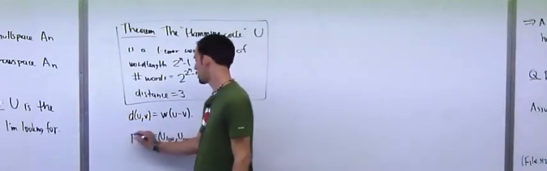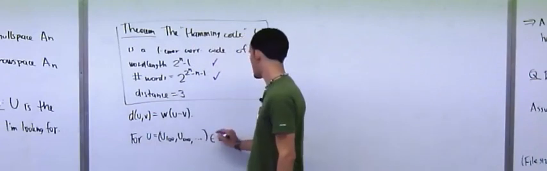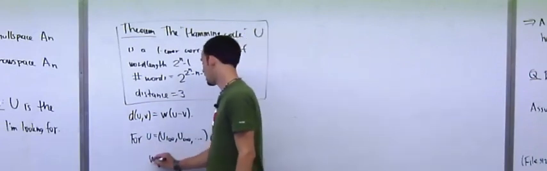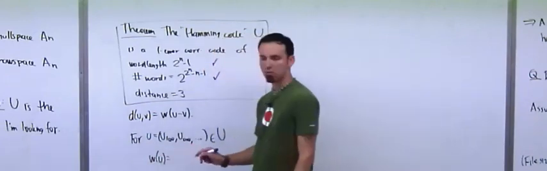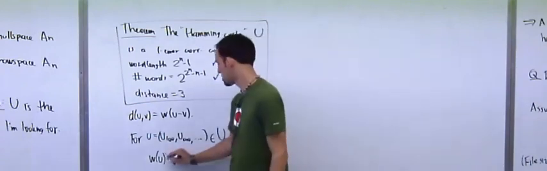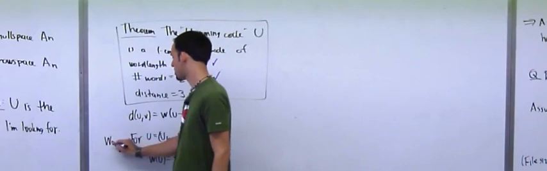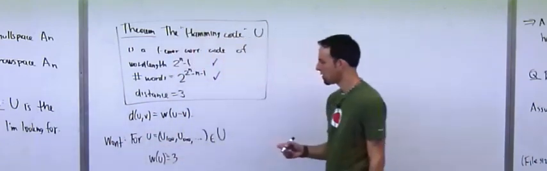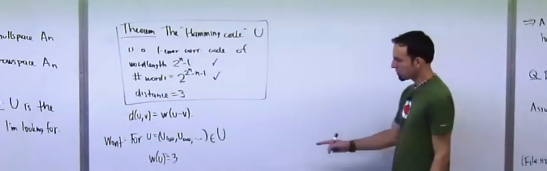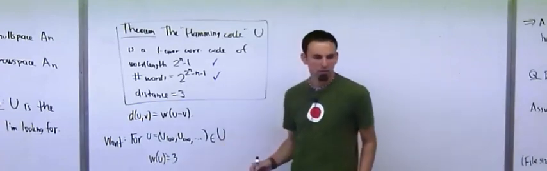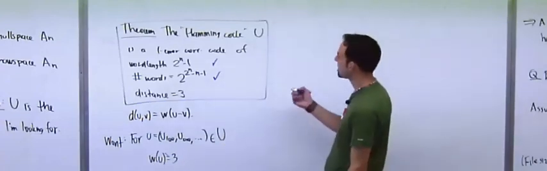So what I want is that for any guy in U, the weight of U, in other words, the number of non-zero coordinates, is at least 3. I want to show that every word has weight at least 3. And so let's do it in steps.